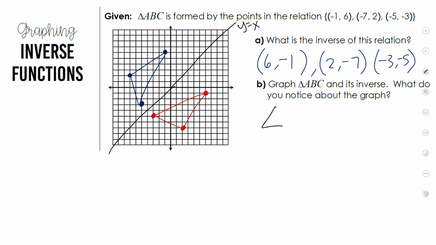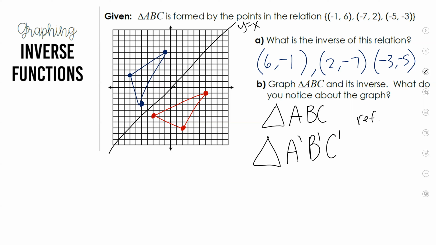I'm going to call this triangle ABC, and I'm going to call this new one triangle A'B'C'. They are reflected across the line y equals x, just like all inverses are.